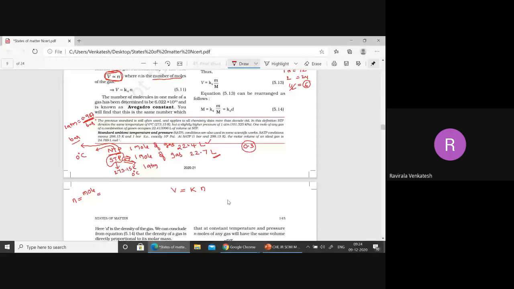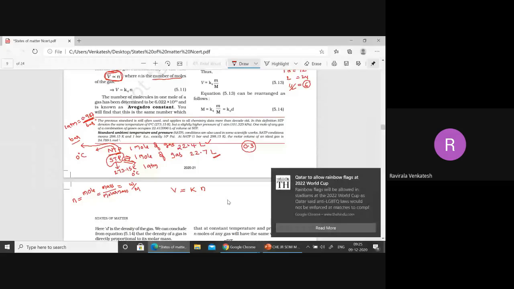Mole is equal to what formula? Mass divided by molar mass. Represent mass by W, otherwise small m, and molar mass by capital M. You can write mass or weight.